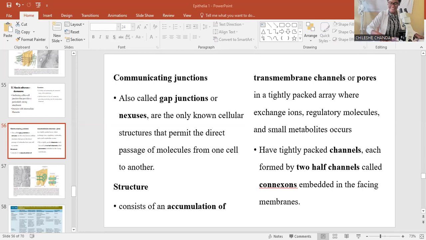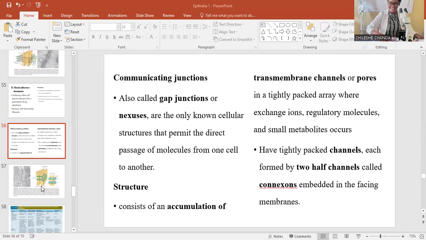They consist of an accumulation of transmembrane channels or pores in a tightly packed array where exchange of ions and regulatory molecules and small metabolites occurs. Okay, so you're going to have tightly packed channels, each formed by two half channels called connexons.